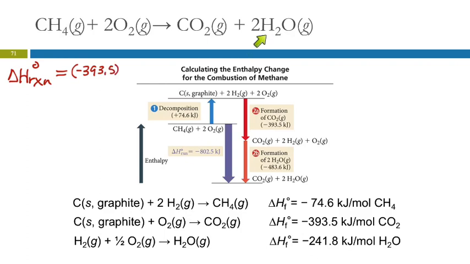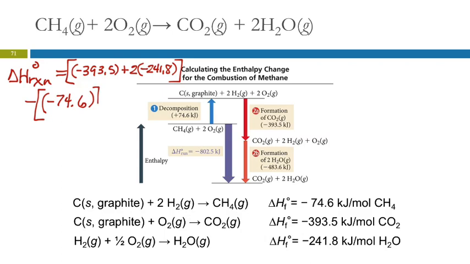And we've got 2 waters, so plus 2 times how much is changing when we make a mole of water. And we're going to subtract the heats of formation for the reactants. Well, the heat of formation for O2 gas is 0 because it's already an element. So the only one we have to worry about is the one for methane. So we're subtracting negative 74.6.